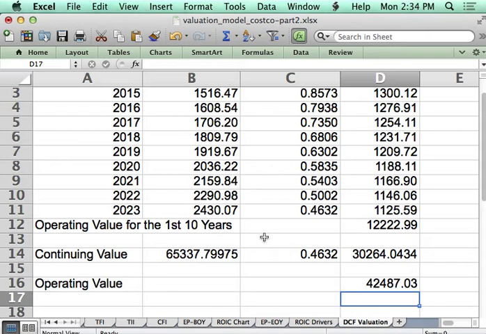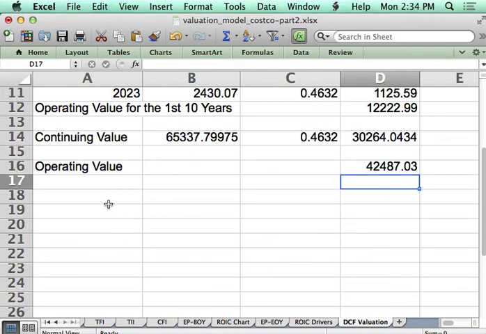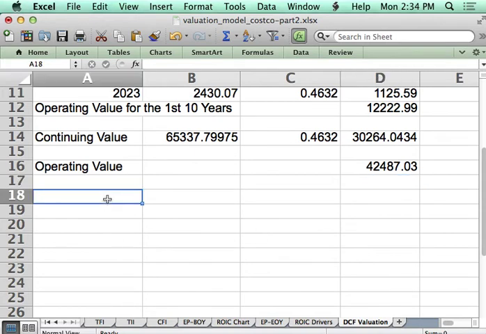Now, what we're going to do is add in 1 plus 2 equals enterprise value. Now we're going to add in the non-operating values for Costco. So now we have to add the non-operating assets. Conveniently, we've labeled the non-operating assets on the TFI.